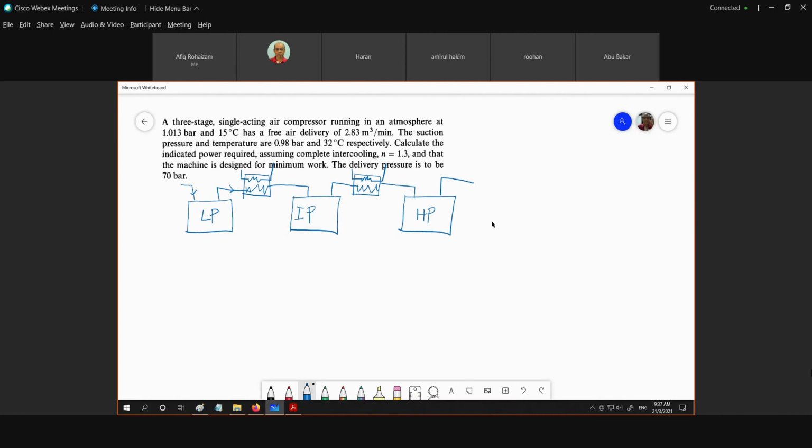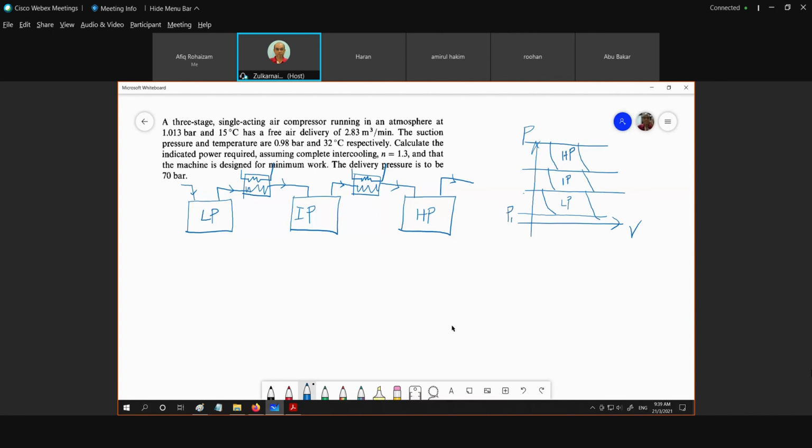So this is the compression. So this is for LP, IP, HP. So you namakanlah apa yang nak namakan. So katakan di sini, ini adalah P1. Maybe this one is P2. This is P3.